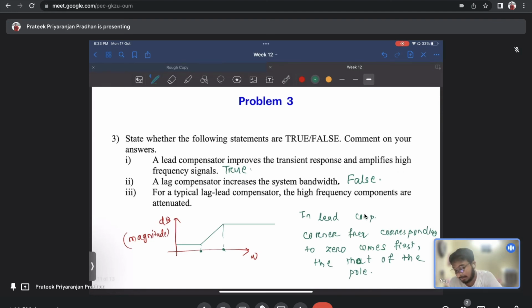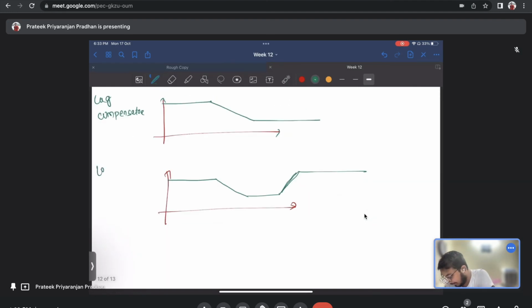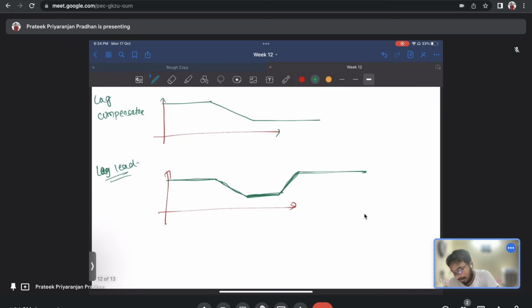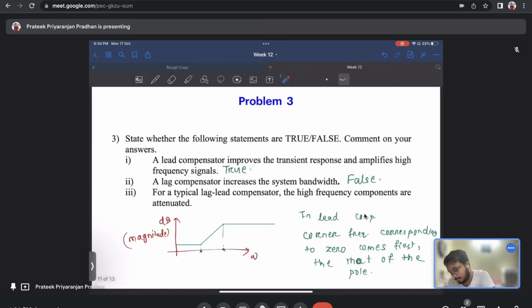Sorry, my bad, it's a lag lead, because first you see there is a lag. This is the lag part, and this is the lead part. The statement says the high frequency components are attenuated. No, because in the high frequency range the magnitude is more, so it's increasing the magnitude. So this is false.